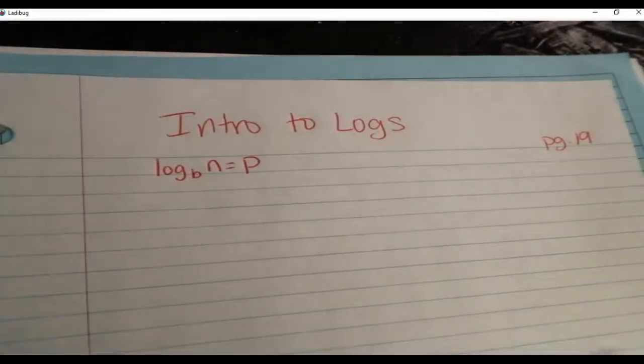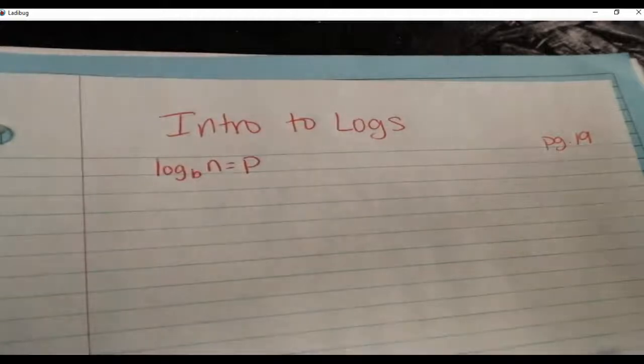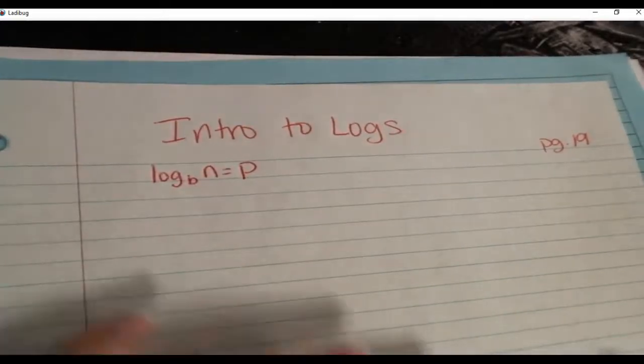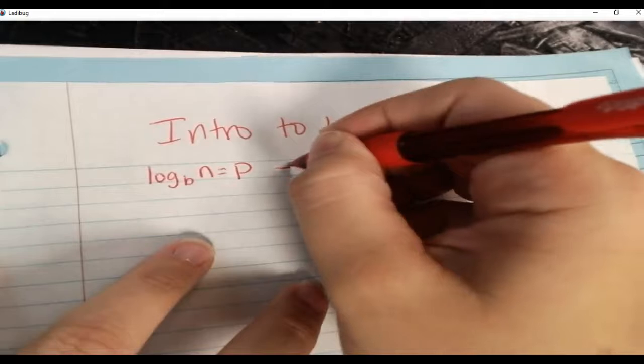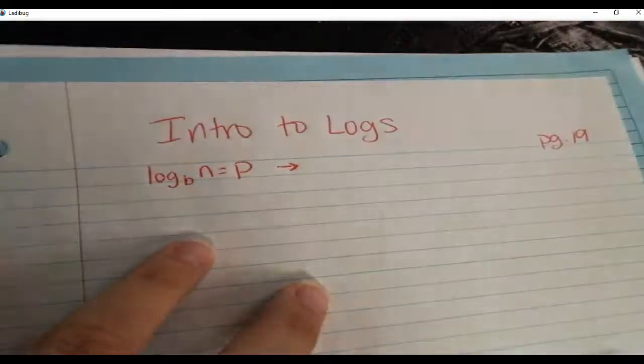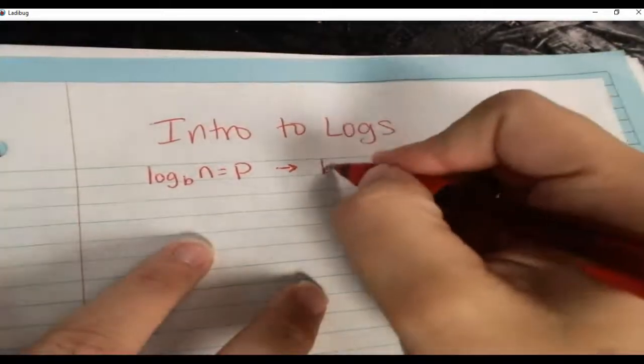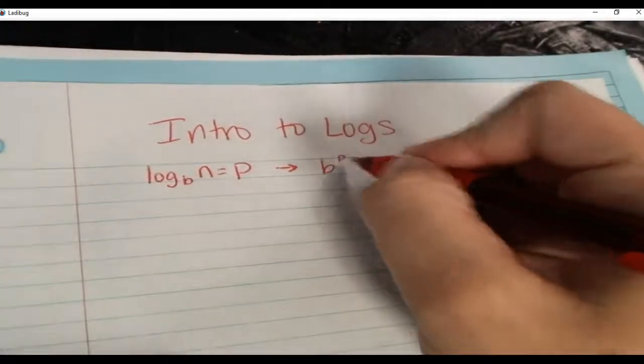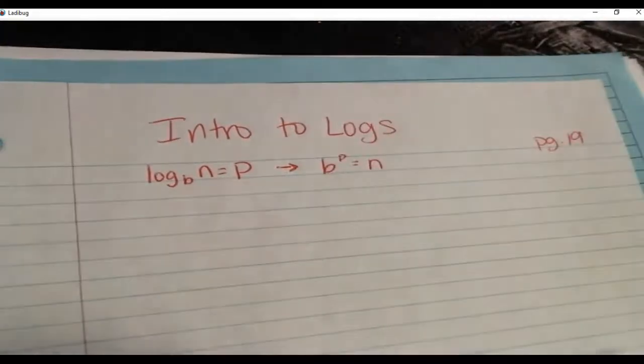So b is the base for the log. It's also the base for the exponent. So we could change this to exponential form by saying the base raised to the power equals the number.